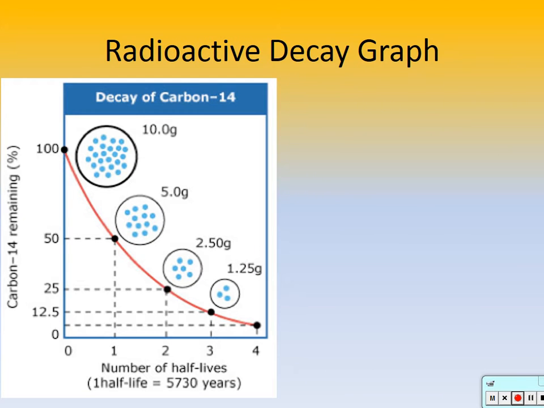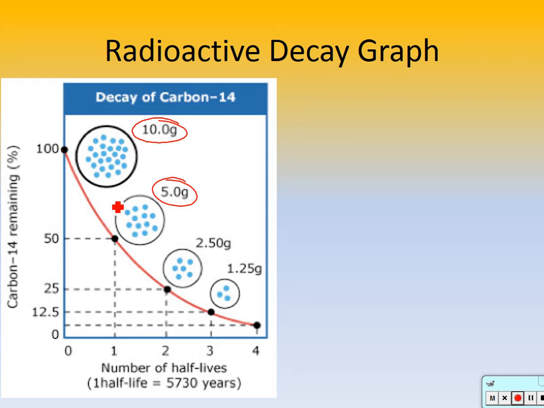Okay, here's a radioactive decay graph. I want you to focus on how much we have here, guys. What do we start with? 10 grams. What's half of 10 grams? Well, 5 grams. How long did it take to go from 10 grams, down here is time 0, we have 10 grams, to 5 grams? 1.